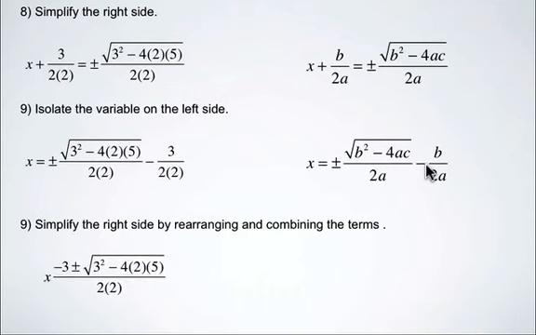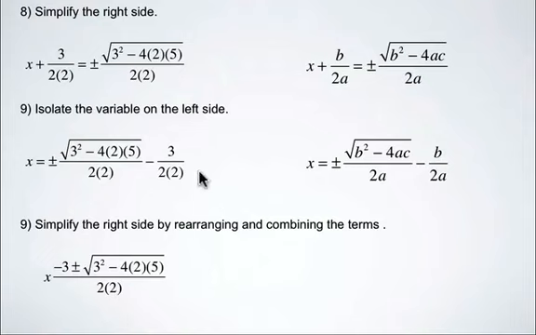Now we simplify the right side by rearranging and combining the terms. So our negative 3 will rearrange to put it on the left side of the square root. So we have negative 3 plus or minus the square root of 3 squared minus 4 times 2 times 5, divided by 2 times 2.